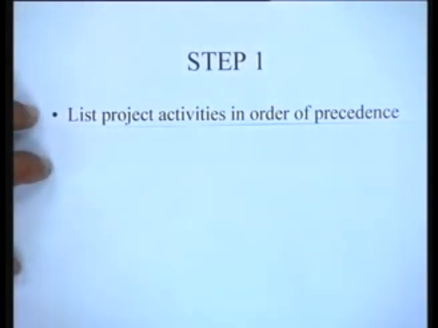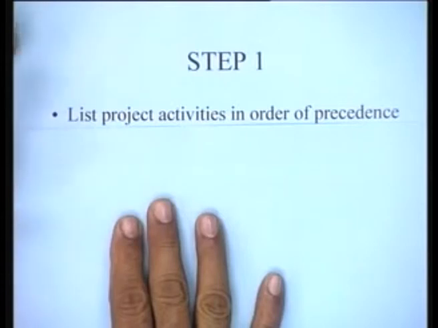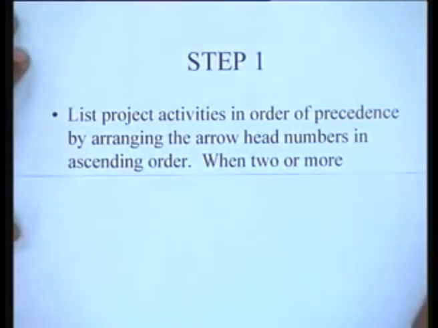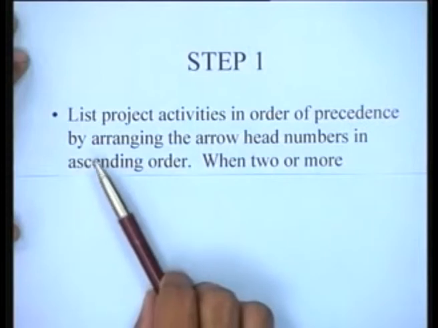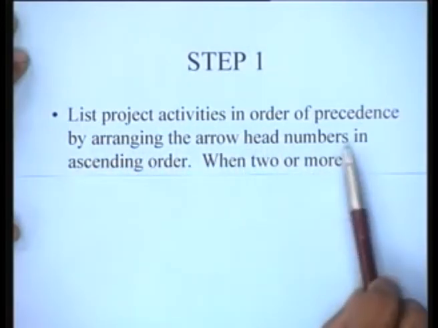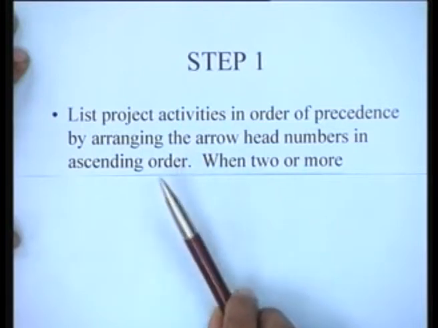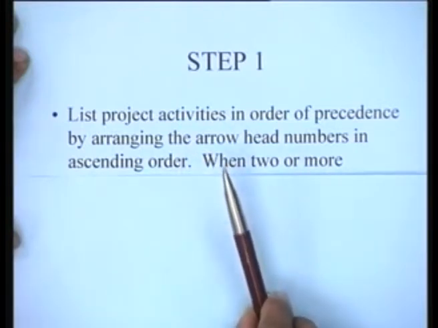So in order to pick a specific ordering, what these people have done in this particular heuristic is that they say you arrange the activities in order of precedence by arranging the arrowhead numbers in ascending order. So each activity will have i, j. J is the arrowhead number.